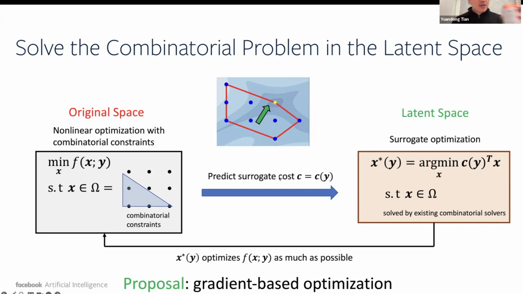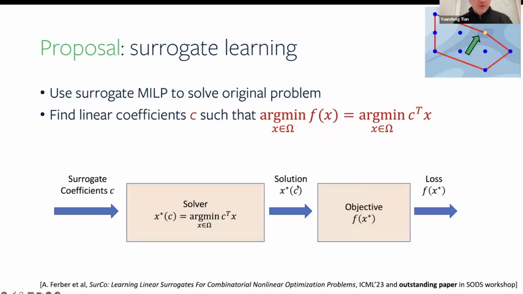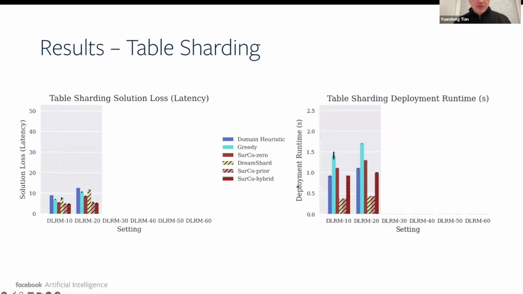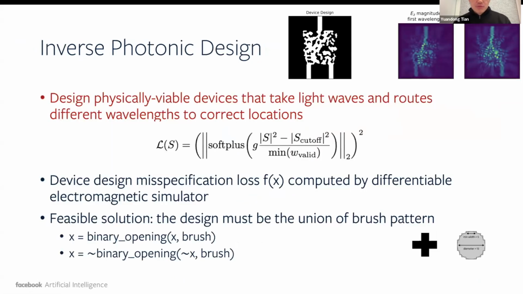I suppose that this probably cannot scale up to a very large search space, right? How many discrete variables do you actually have? Oh, for example, for this kind of inverse photonic problem, you have an 18 by 18 grid, then you have 1.6K binary variables.